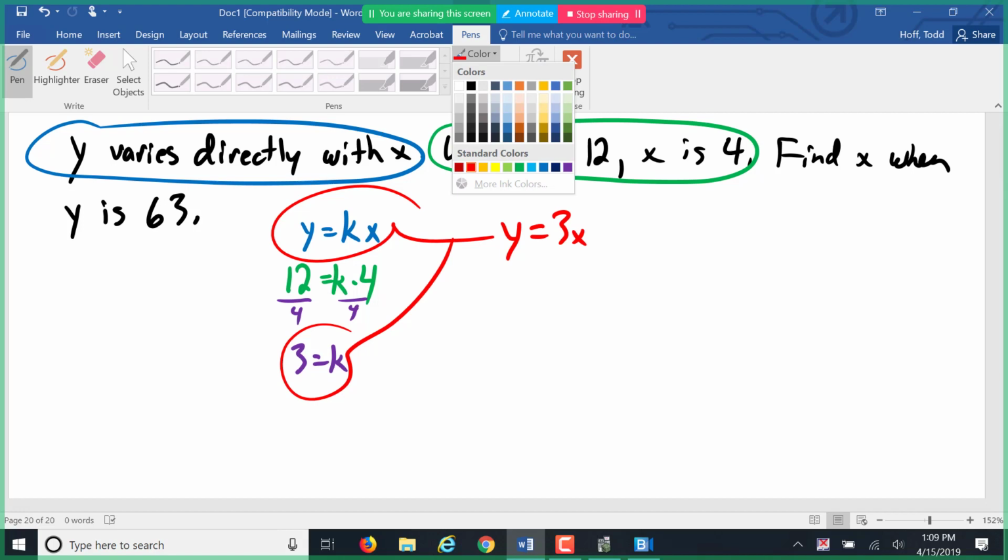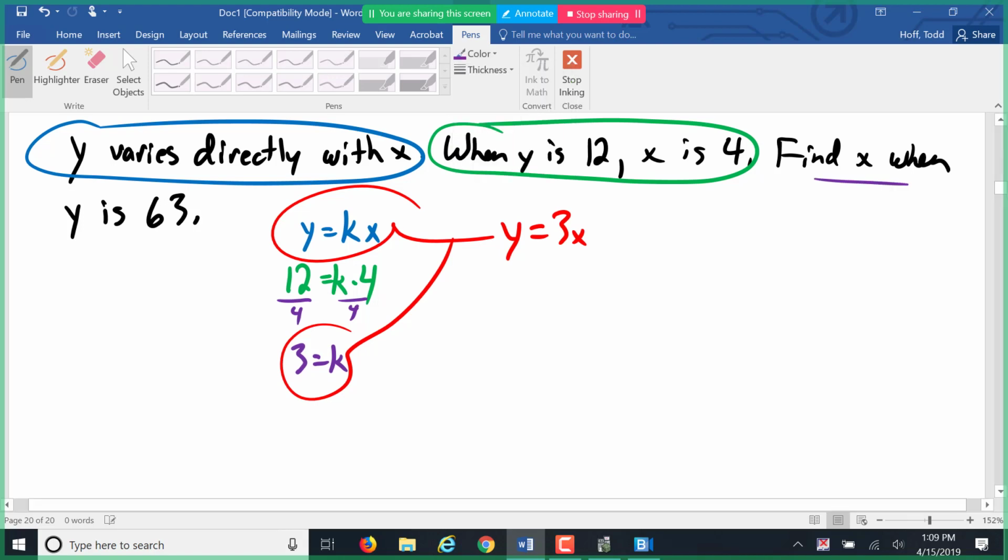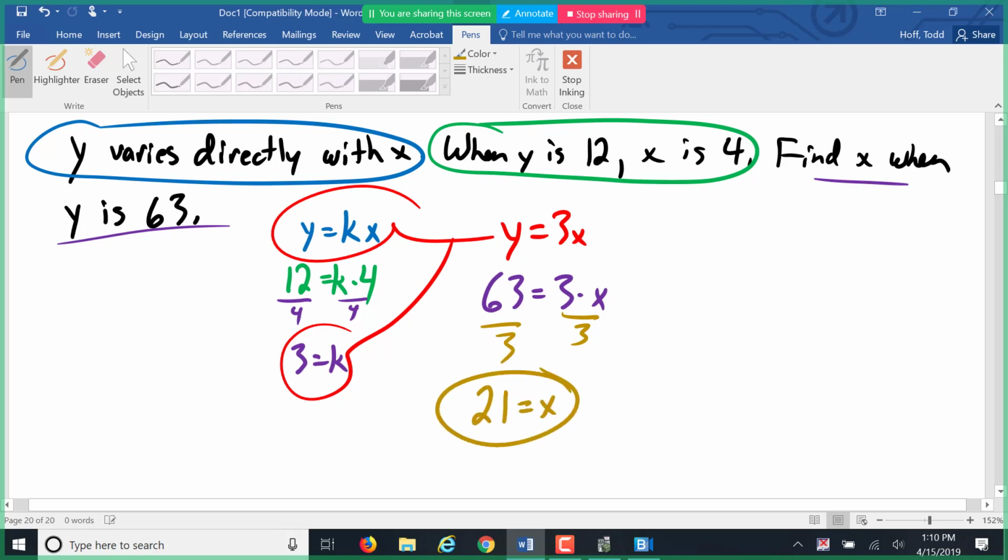And then find x when y is 63. Now, I gave you y, so you put 63 in for y, solving for x. To solve for x, we have to divide by the 3. 21 equals x. Any questions there?